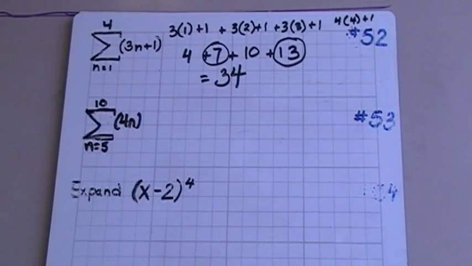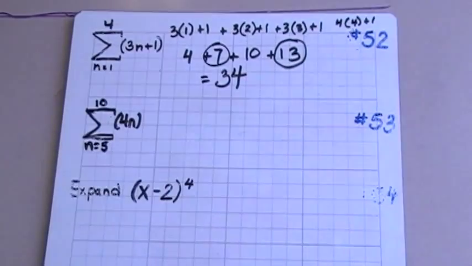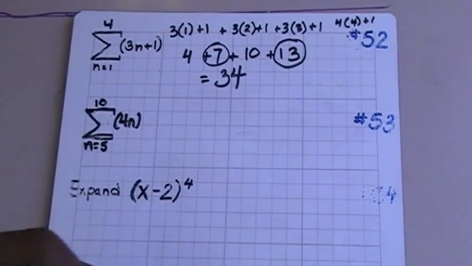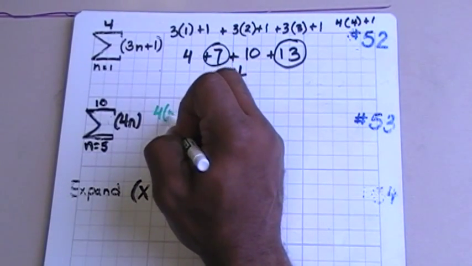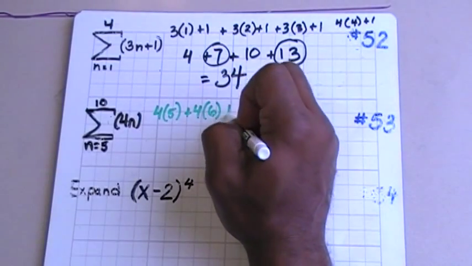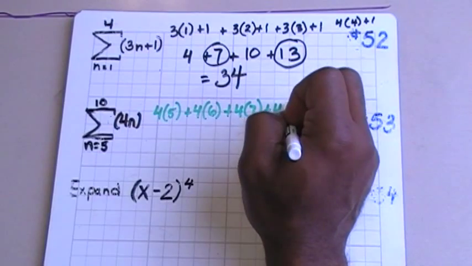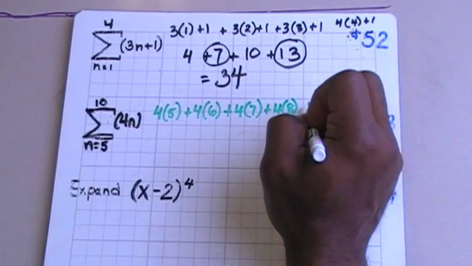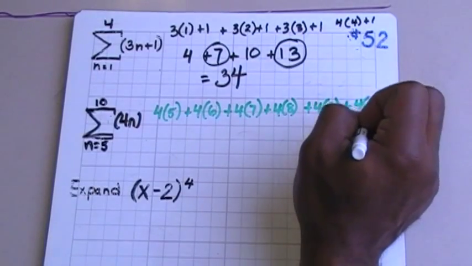As I go along, I'm checking the answers too. Next problem. 4n, we're starting at 5. If we're going to start at 5, then that's 4 times 5 plus 4 times 6 plus 4 times 7 plus 4 times 8, plus 4 times 9, and we stop at 4 times 10.